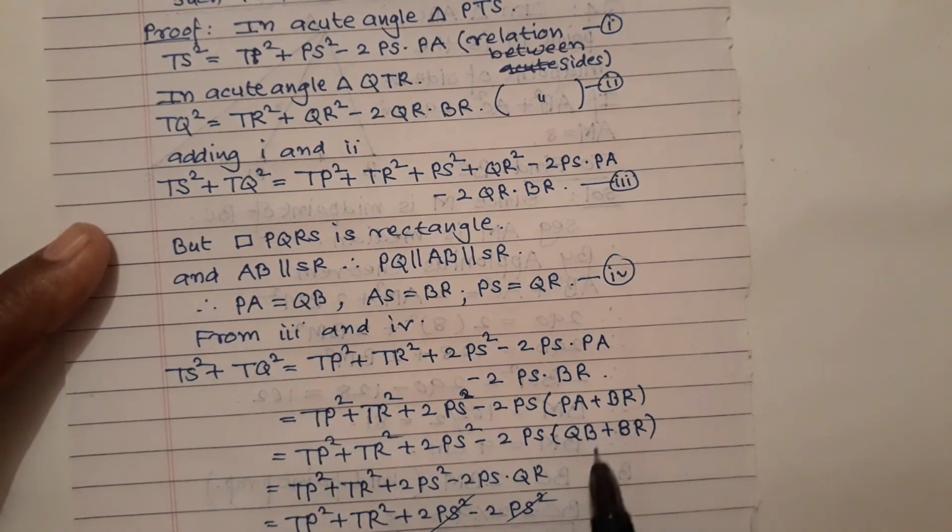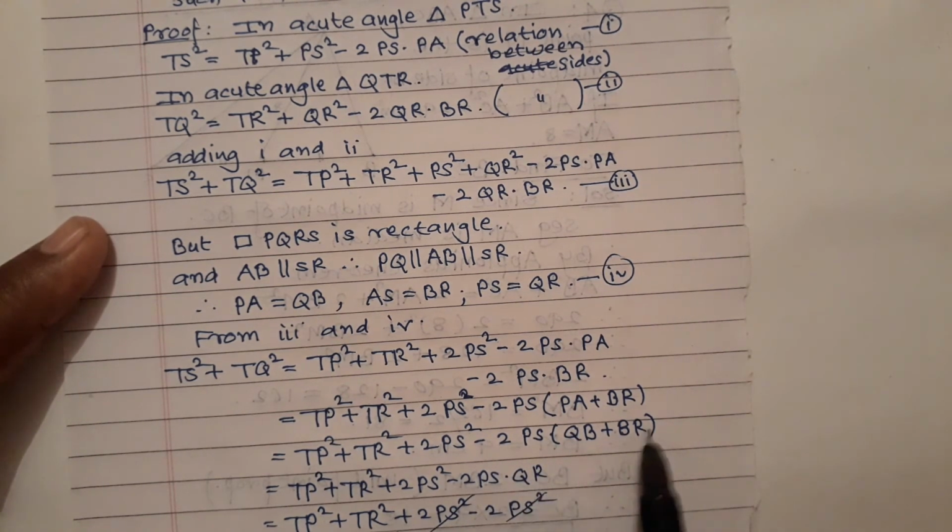That means 2PS into bracket QB plus BR, and QB plus BR is nothing but QR.